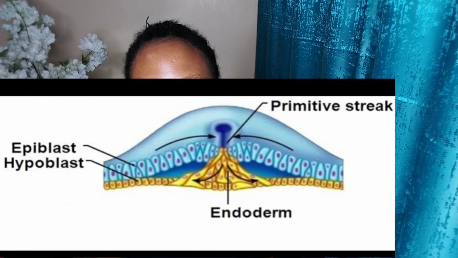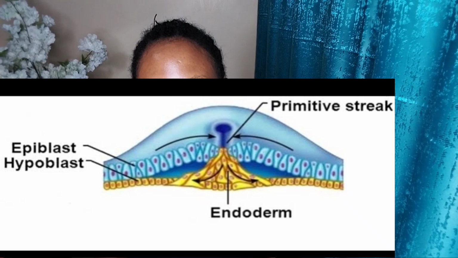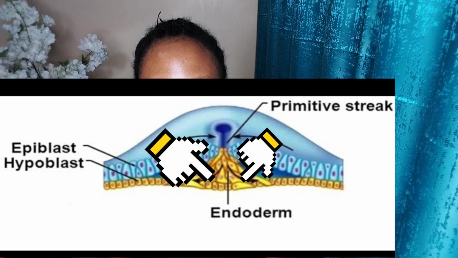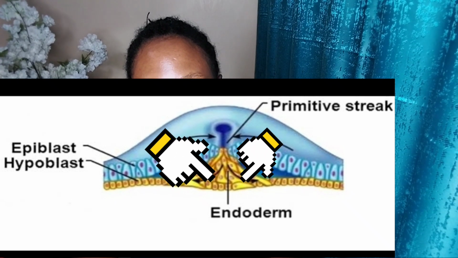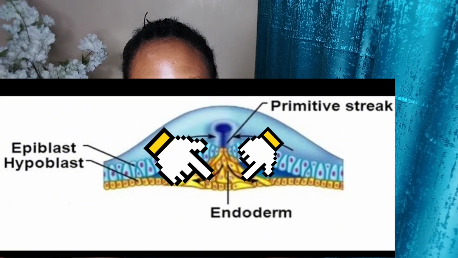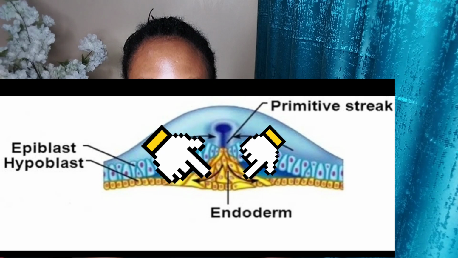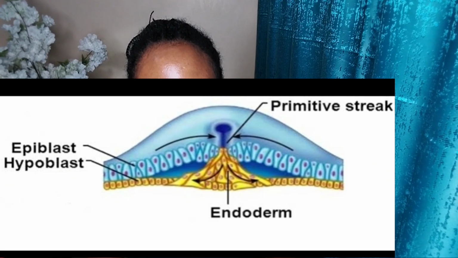After formation of the primitive streak, we shall have the first wave of movement of the cells of the epiblast through this primitive streak. These cells will move in a way that they enter deep into the embryo, displacing the hypoblast.